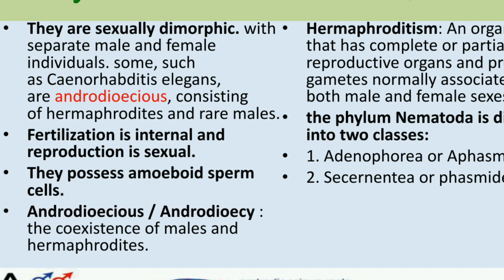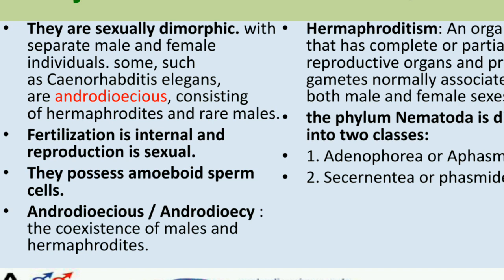They have the male organ separately, in a separate individual of the organism. The female will be separate, the male will be separate. Some, such as Caenorhabditis elegans, are androdioecious, consisting of hermaphrodites and rare males.